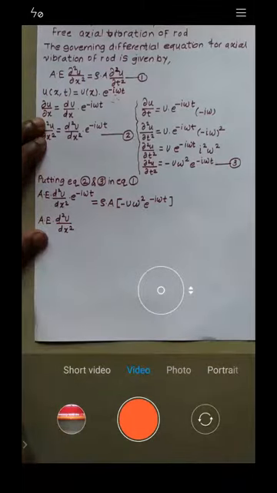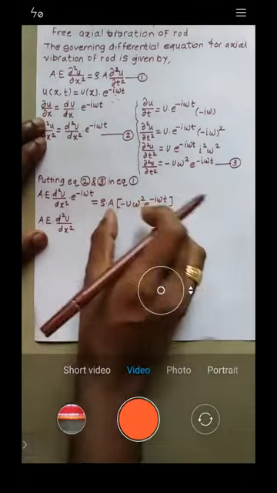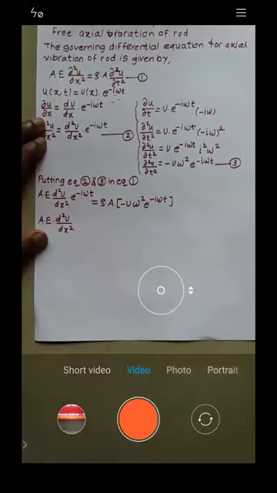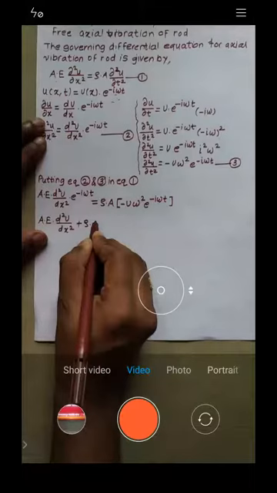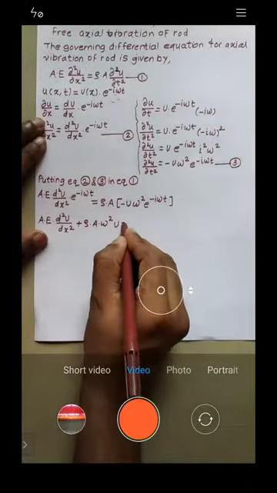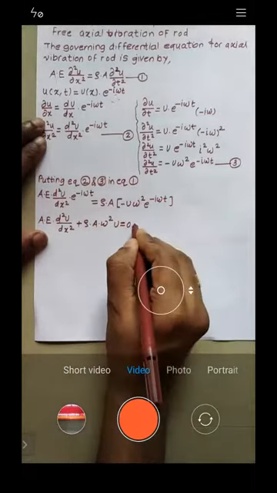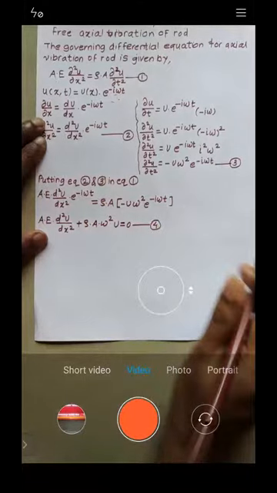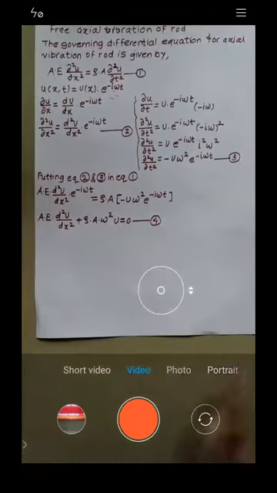This minus sign is there, so bring this entire term to the left hand side, and it becomes plus. So you will get ρ A ω² u equal to 0. Let me call this equation number 4. Is it okay?